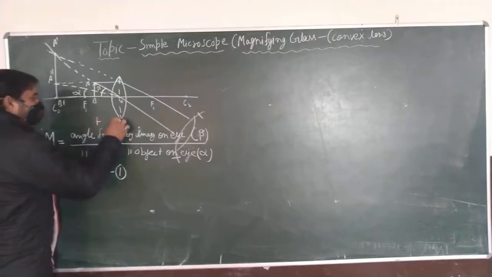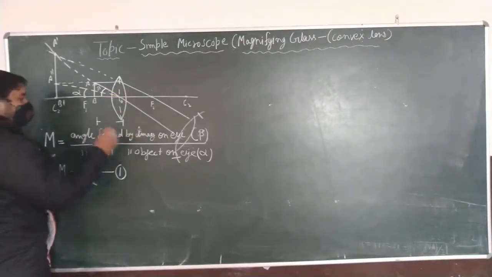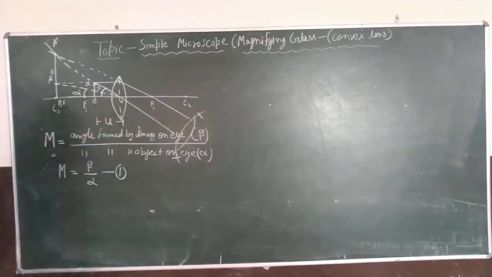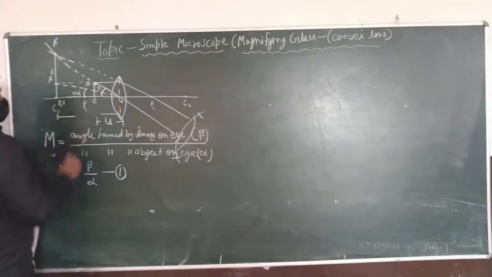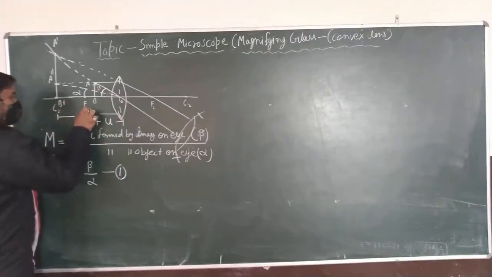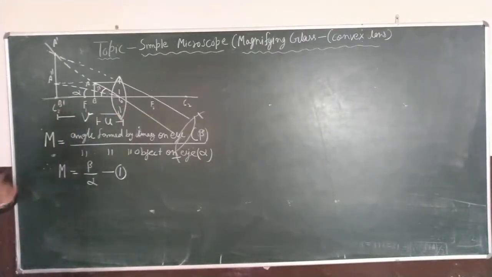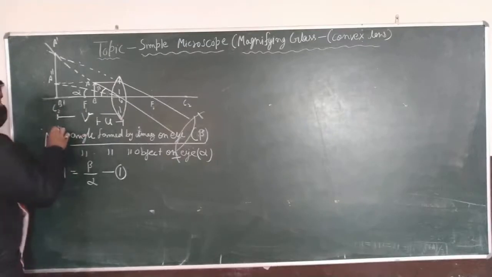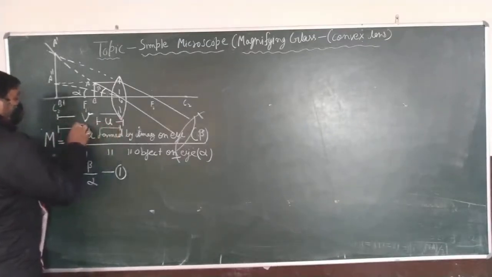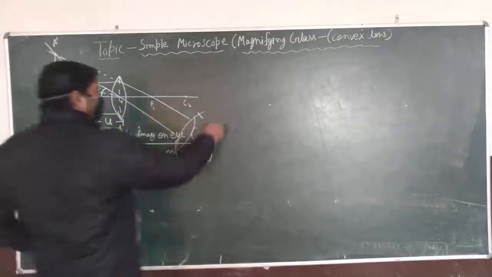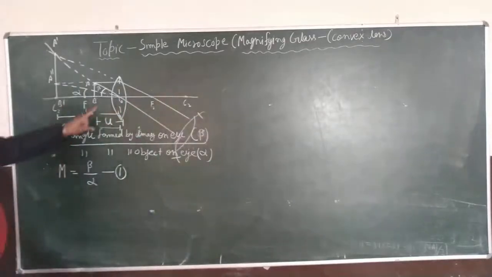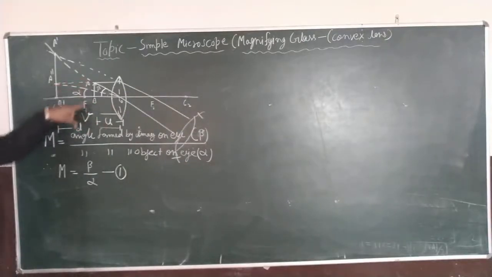Okay, now if the object distance from the magnifying glass or lens is u, and the image is formed at a distance v, which is equal to the least distance of distinct vision, small d. Okay, now we can calculate the length of the object with their distances by using alpha and beta.